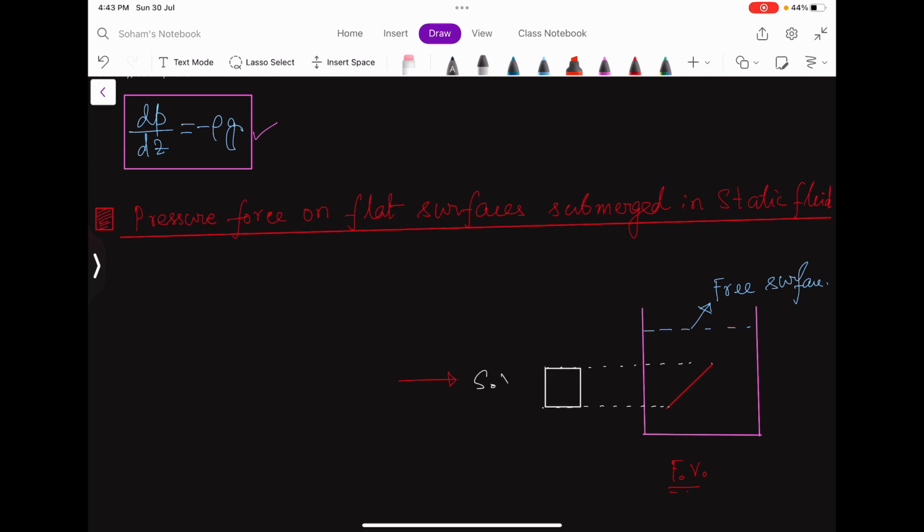From the top, if I project, it will also appear like a square. So this is a rectangular plate, and it is put into the fluid, and in this case this fluid is nothing but water. This plate has an inclination of, let us say, theta.